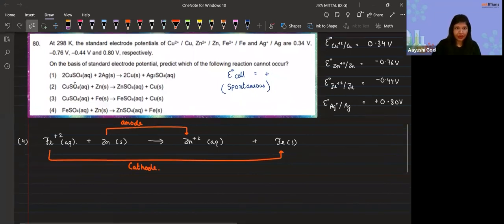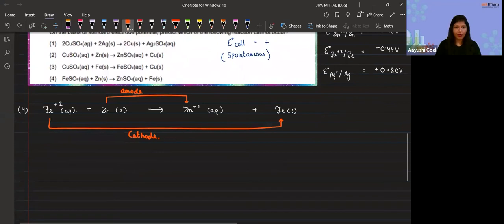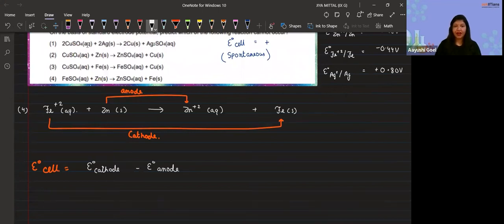Here, E naught cell will be equal to E naught of cathode minus E naught of anode, using the reduction potentials given in the question. Our anode is zinc and our cathode is iron.